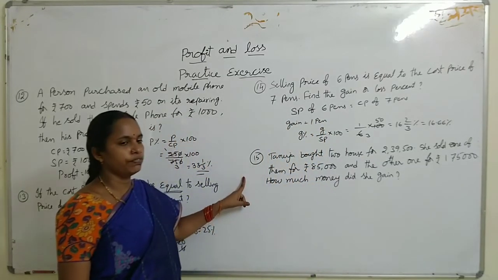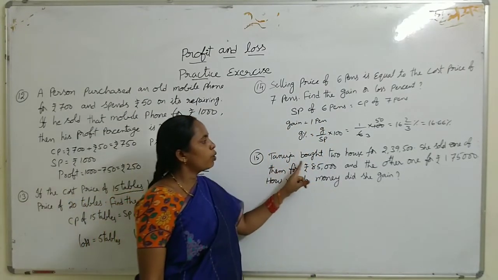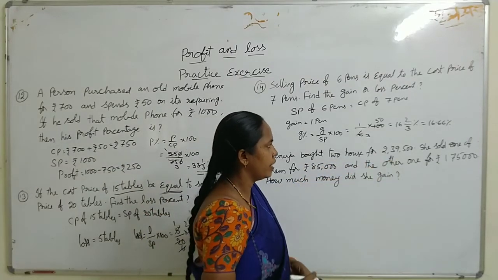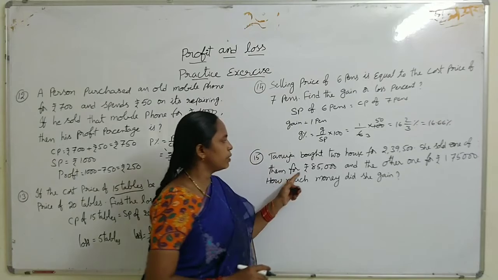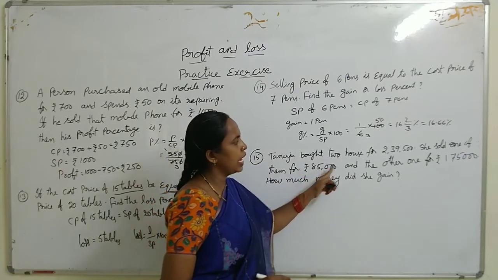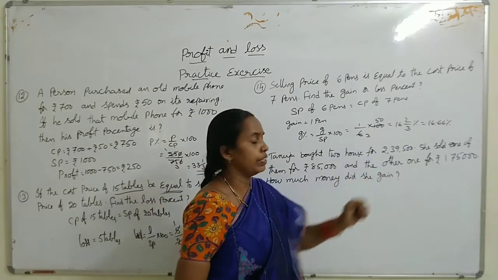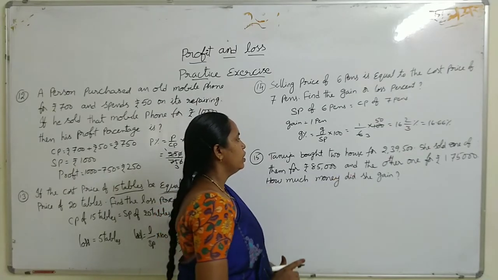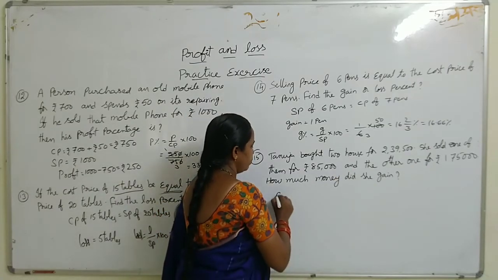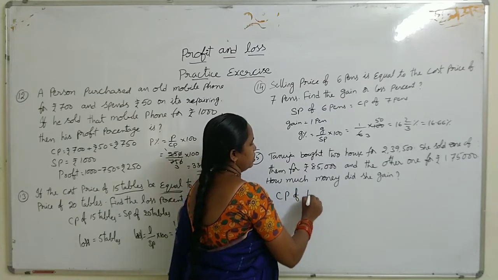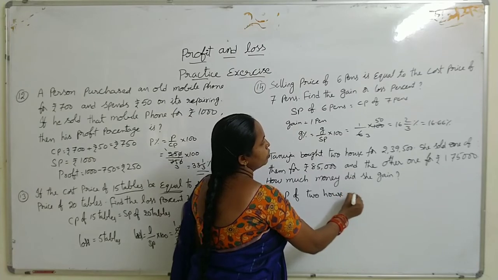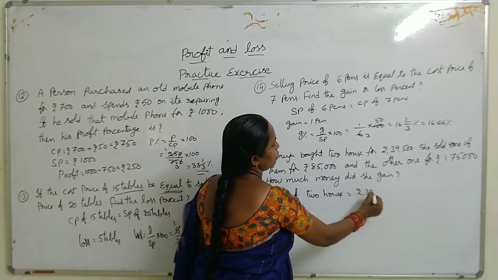Next question number 50. Tanuja bought 2 houses for 2,39,500. She sold one of them for 85,000 rupees and the other one for 1,75,000 rupees. How much money did she gain? So, CP of 2 houses equal to 2,39,500 rupees.